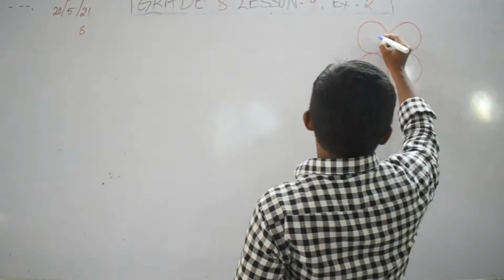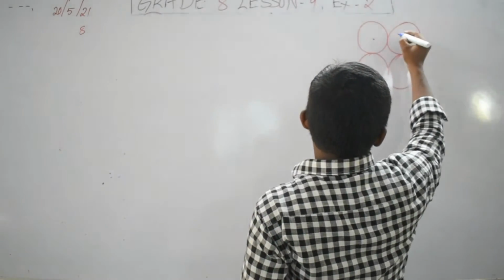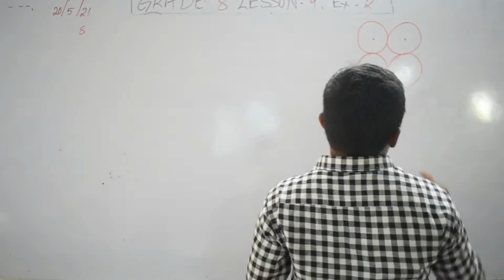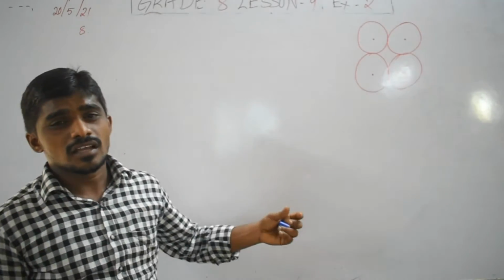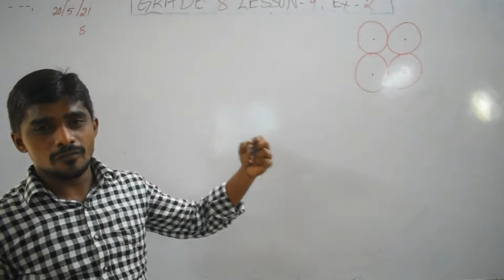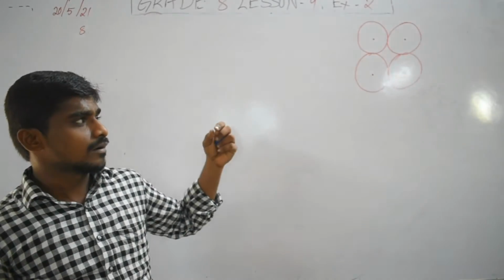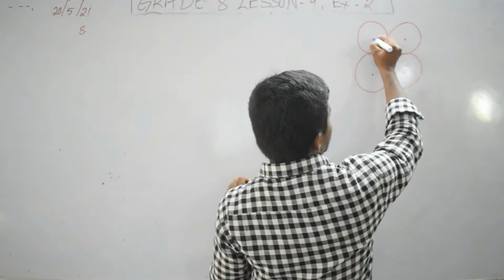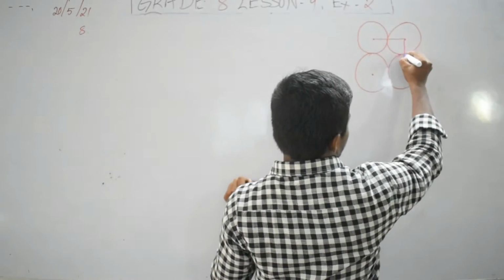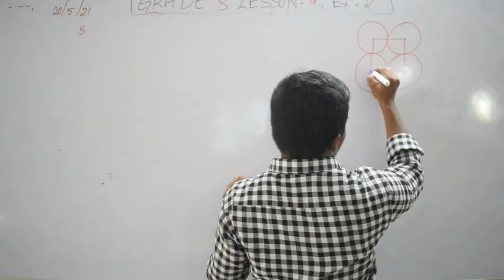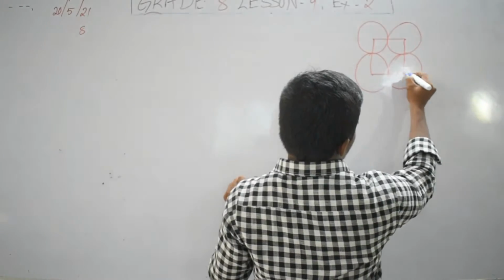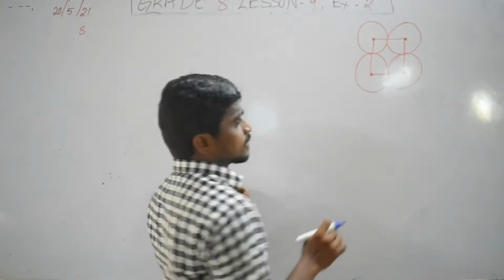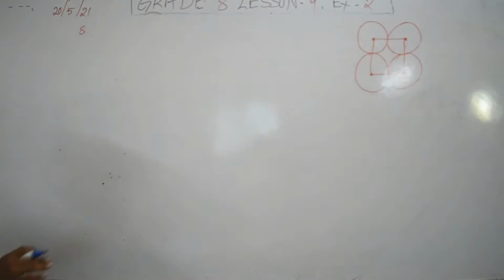Next, they are asking about a square whose four corners are the centers of these circles. Here see these square's four corners, these points. Now this is the given picture.